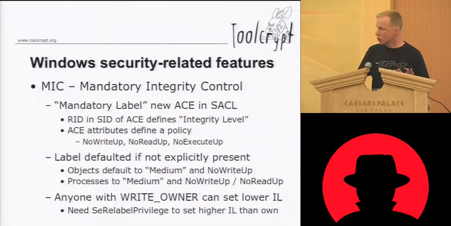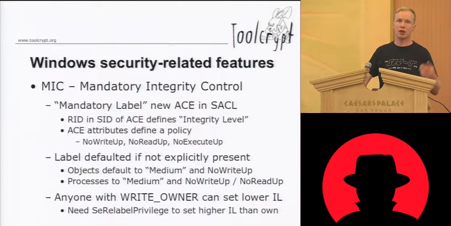Sorry, I got that wrong. No write up, no read up for processes. For every other object, it's no write up, of course, same as what I said earlier. And the reason why processes also have the no read up policy is to prevent a low integrity process from reading sensitive memory from a higher integrity level process, such as maybe passwords stored in memory or something like that.